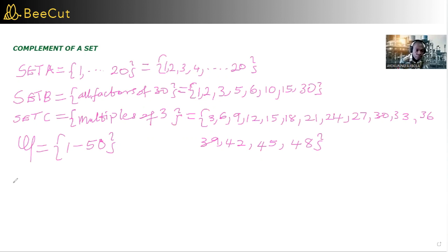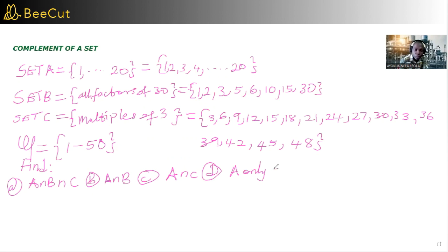So let's now go to the likely questions that will be given. The likely question could be: find A intersection B intersection C. You can say you should find only A intersection B. You can say you should find A intersection C. Then you can say you should find A only.